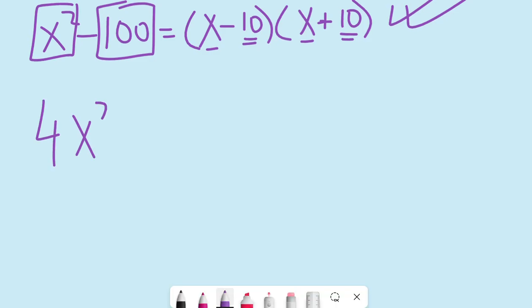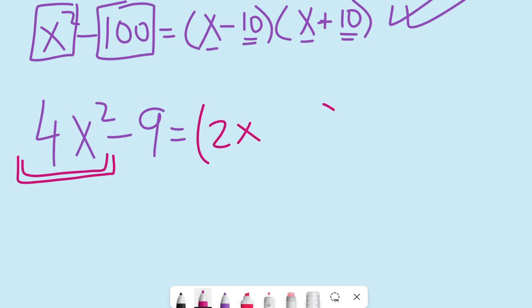What if we have 4x squared minus 9? Okay, does this look like something times something can give me 4x squared? Right? 2x and 2x. If we multiply 2x by 2x, then we get 4x squared.